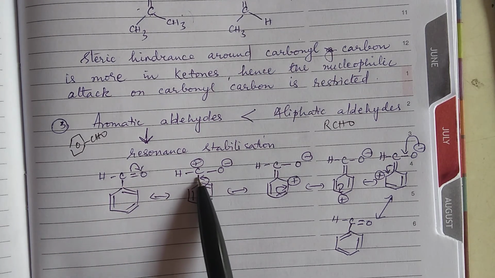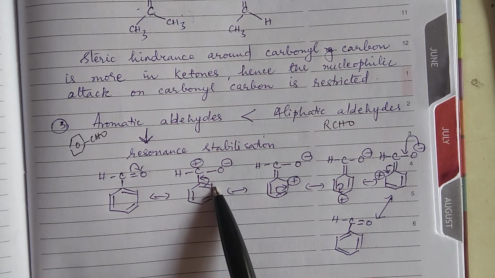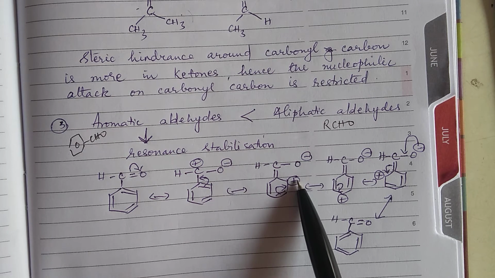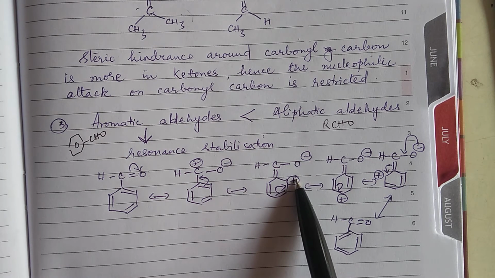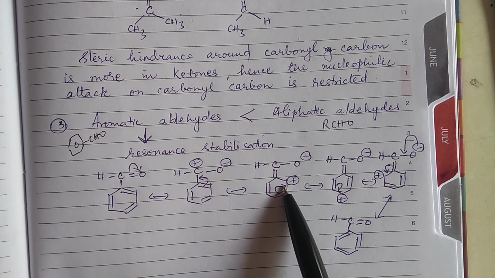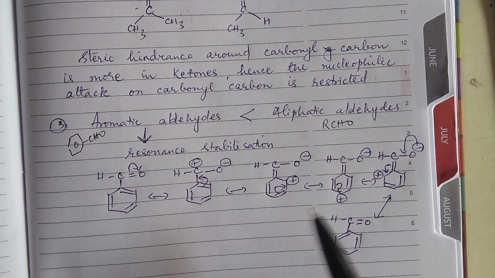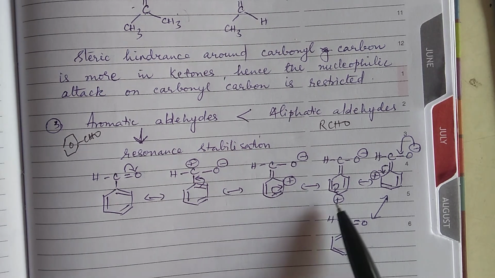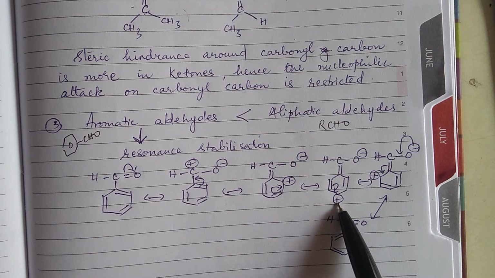If this is shifting, then a positive charge is created at the ortho position. Now, to neutralize the positive charge at the ortho position, the next adjacent double bond will shift towards the positive charge and get converted into a bond. When this is getting converted into a bond, then a positive charge is created here at the para position.